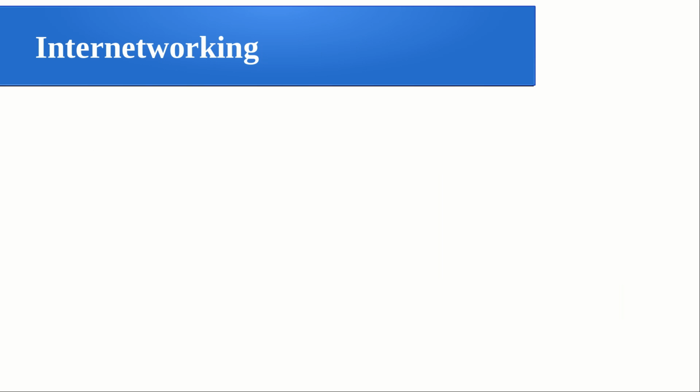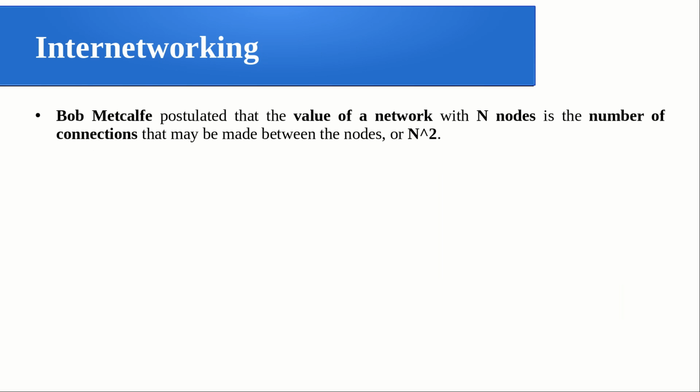Bob Metcalfe postulated something regarding the value of a network. Say a particular network contains n nodes. As per Bob Metcalfe, the value of a network with n nodes is the number of connections that may be made between the nodes.